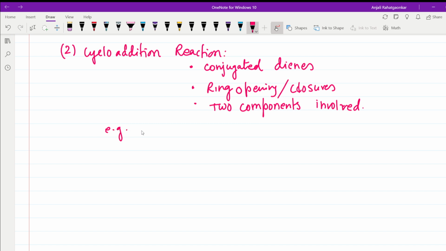So let us see. I will explain this example. Again, this is a 1,3-butadiene. This is 1 component and this is the other component. Again, I will put a double arrow, as we know that the reactions are reversible. Now here I am getting the 6-membered ring. Let us count the number of pi bonds.